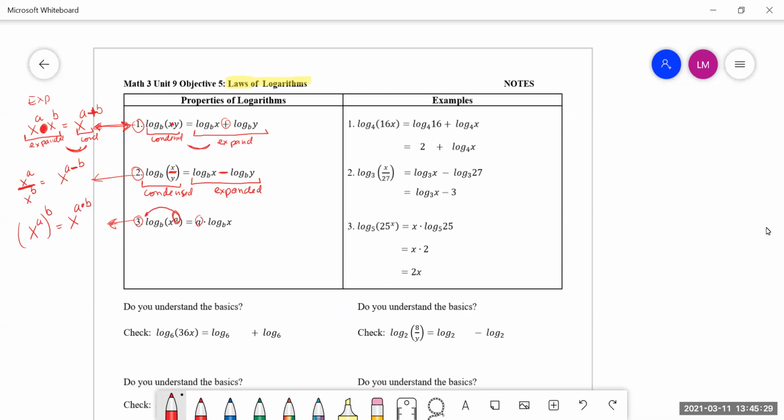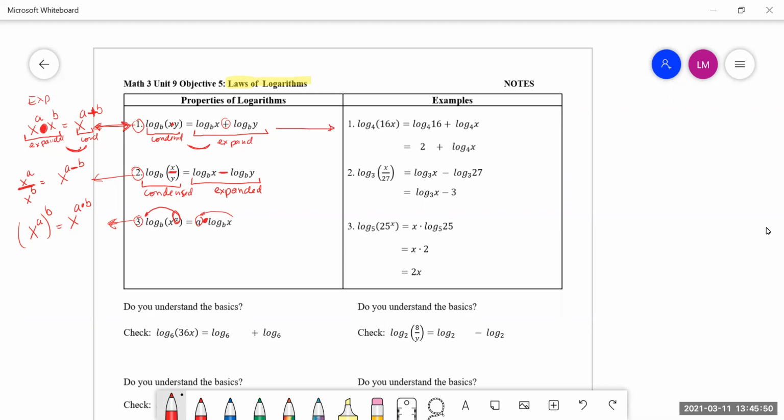There it is. And it becomes a multiplication. So when I have a power, it becomes a multiplication. We pull that power up to the front. It's hard to see that connection here, but hopefully it made a little bit of sense. So let's take a look at a few examples right here directly next to it.